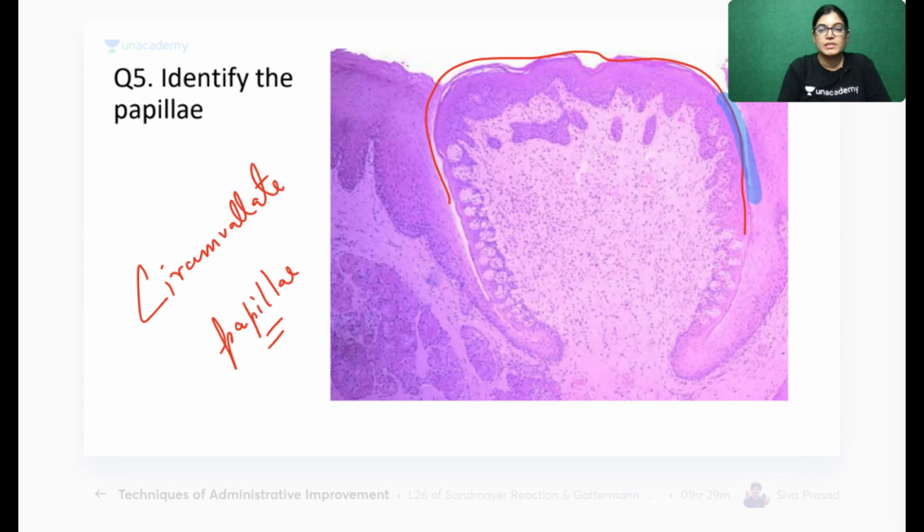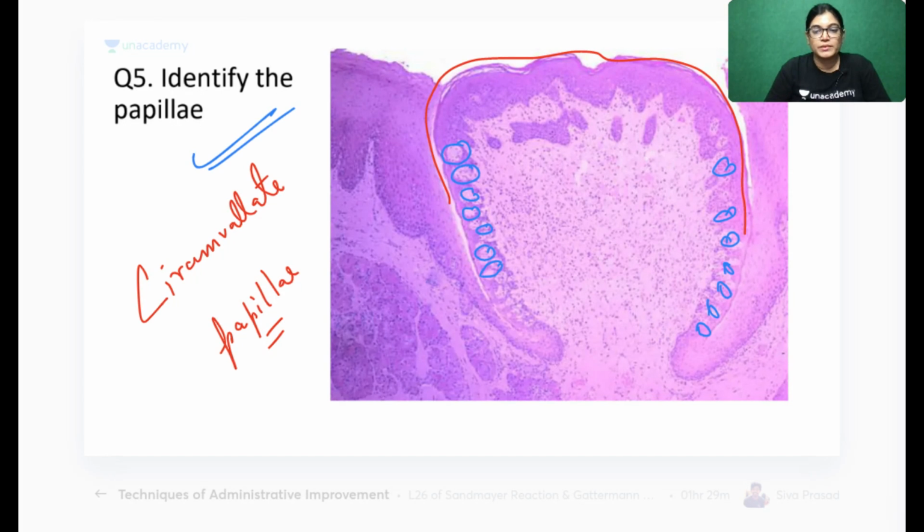Also, what you can appreciate here, these are all taste buds. These are gustatory taste buds lying in the lateral margin of the circumvallate papilla. In the histology session I showed this diagram, and we can clearly see which papilla this is. The correct answer is circumvallate papillae. Got it, everyone?